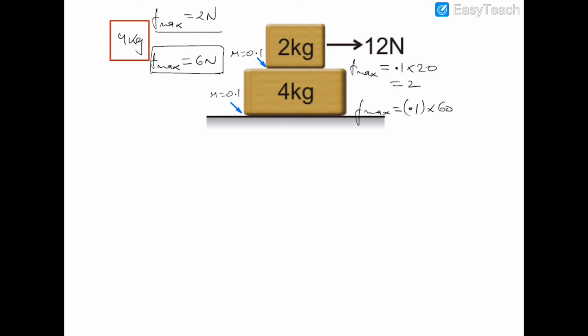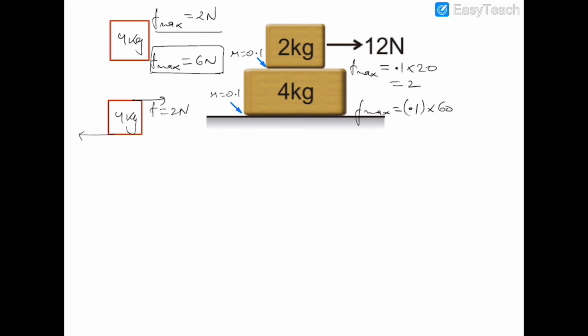So the 4 kg block will definitely not move, because the force which will move the 4 kg block in forward direction is a maximum of 2 newtons, and the force which will restrict the 4 kg block is 6 newtons.